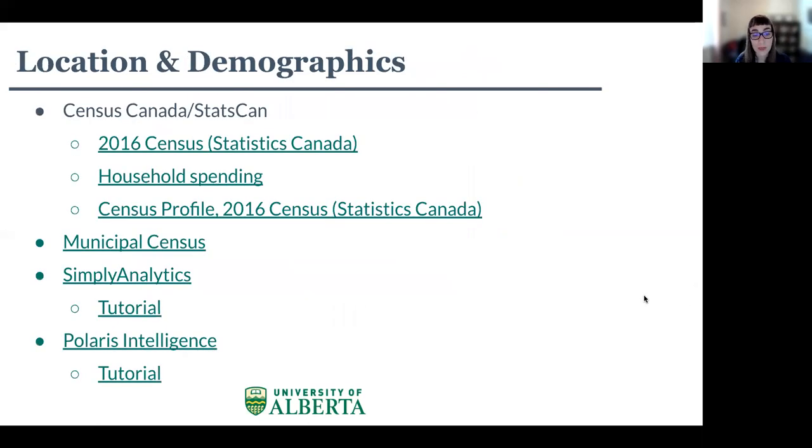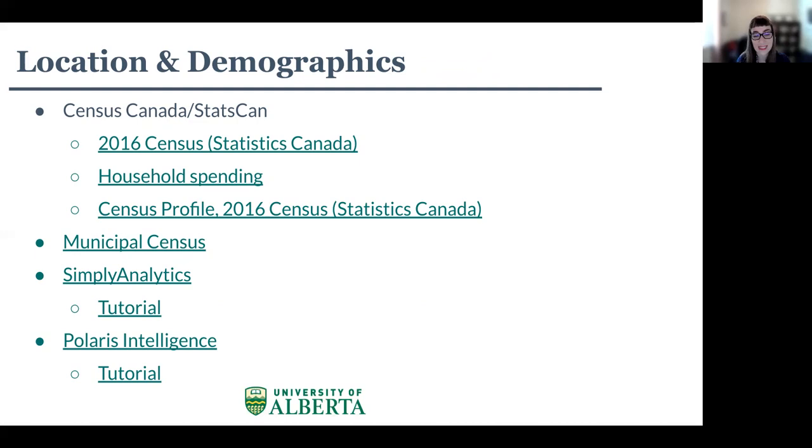Although some market databases I just showed you do include location and demographics, there are some web and library resources that are specific to answering those questions of location as they relate to demographics. These include Statistics Canada data, such as the 2016 census. They also have data specific on household spending that can be really useful in the case of getting to know your consumers and how much they're spending on certain things.